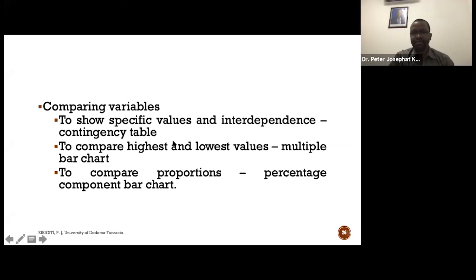For instance, you're interested to make a comparison of the highest and the lowest values. Probably you might be interested to go to the multiple bar chart. What about the proportion? You might be interested to go to the percentage component bar chart. This one is about comparison. So contingent table, multiple bar chart, percentage component bar chart, these are recommended for comparison of a variable.